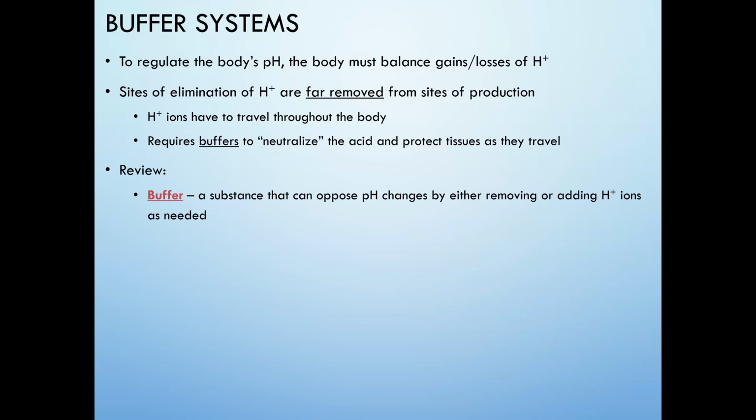A buffer has the capacity to both remove hydrogen ions or add hydrogen ions as needed to the solution around it. So if we have a condition where the solution becomes too acidic, so our solution has too many hydrogen ions, we need to get rid of some of those so they're not lowering the pH.